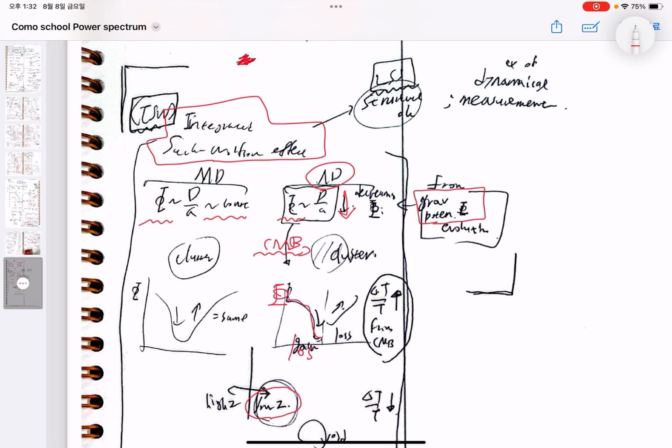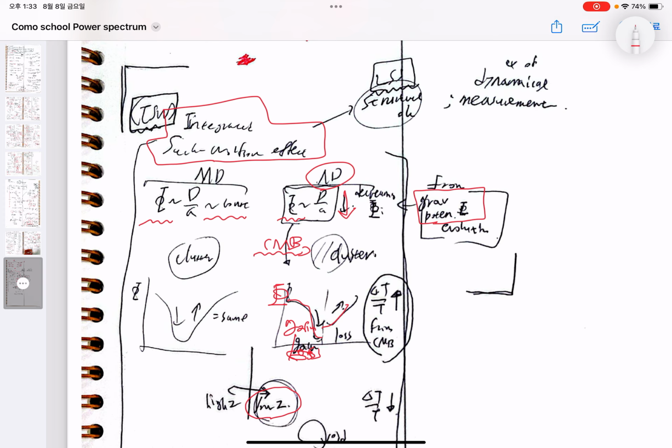It gains energy when the CMB light gets into the cluster, and it loses energy when the CMB light gets out of this cluster. But in dark-energy-dominant cases, the energy gain is larger than the energy loss because the gravitational potential decreases over time.